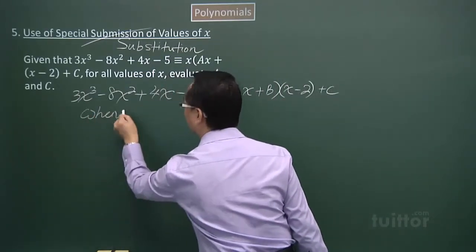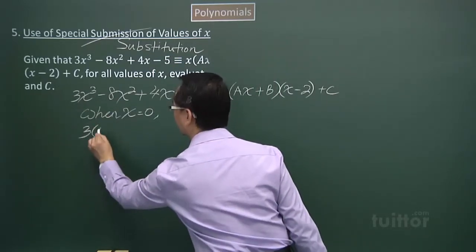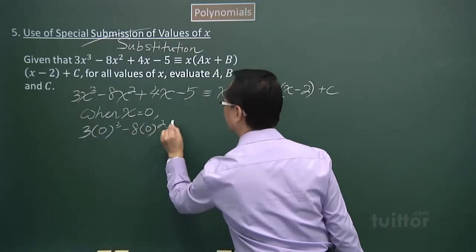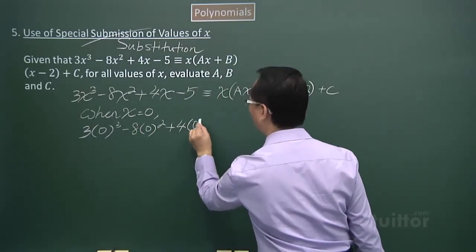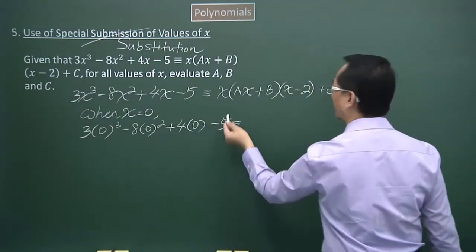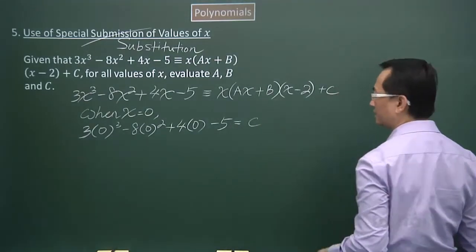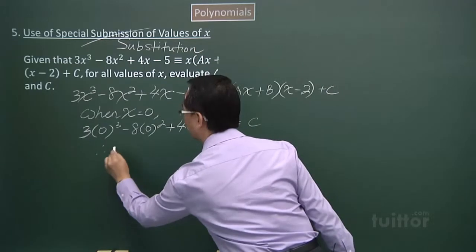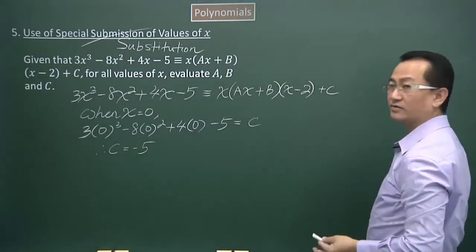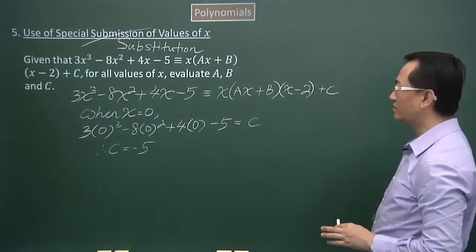When x is equals to 0, I'll put into the x 0. All that will become 0. And this as well, all 0, c. Therefore, c is equals to negative 5. So that is what I mean by substituting special values.